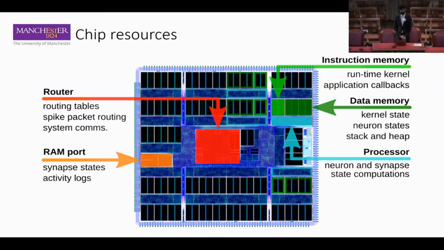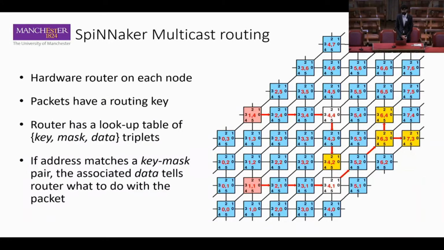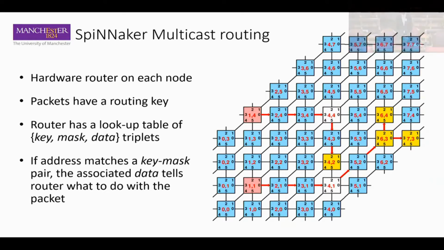And the most important bit probably is the router that I'm going to quickly cover here. So chips can communicate with each other. The whole platform is optimized for spiking neural networks. So we consider all spikes generated by neurons as being stereotypical, so the only thing we need to send to other cores or other neurons is where the spike came from, or address event representation.